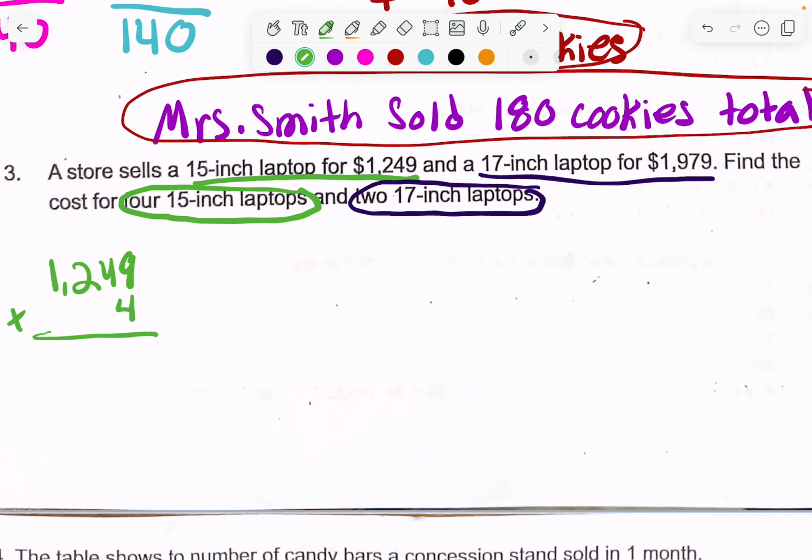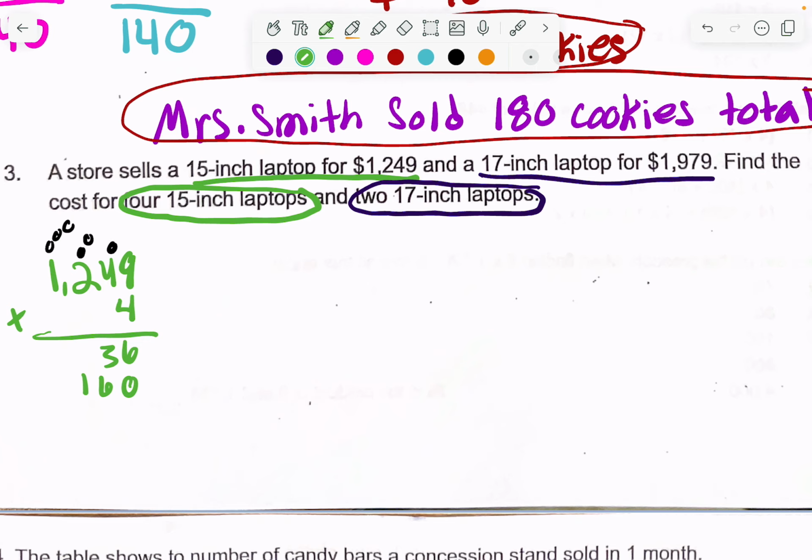So I know that 9 times 4 is 36. 4 times 4, but it's not 4. It's 40. This one's 200, and this is 1,000. So we make sure we have our magic zeros in there to give us a reminder of what we're multiplying it by. So 4 times 4 is 16. Make sure we have our magic 0, 6, and then our 1.